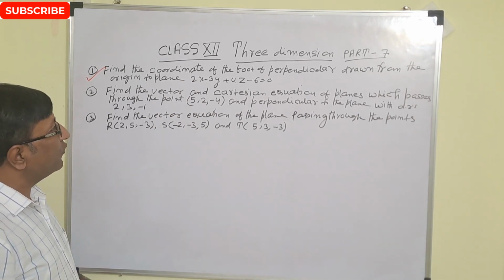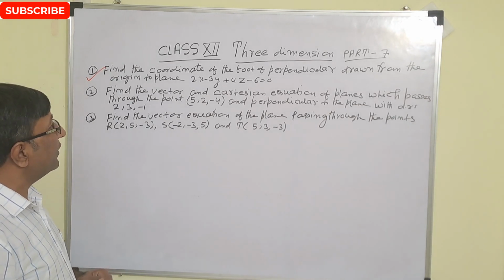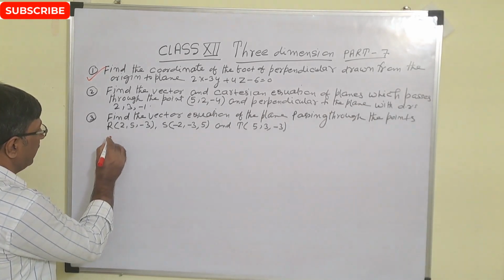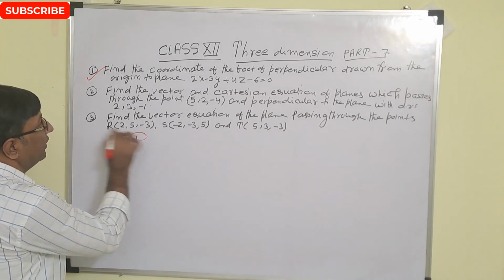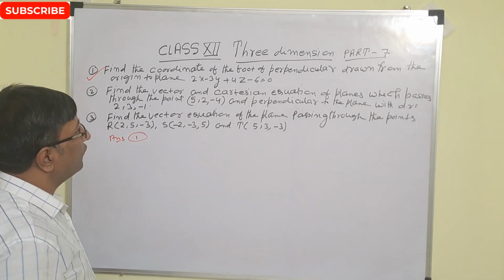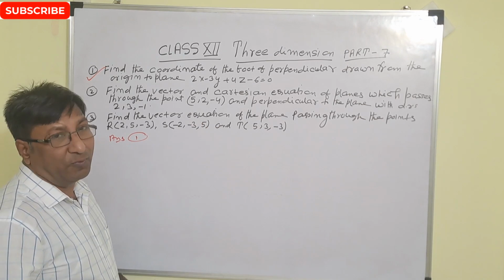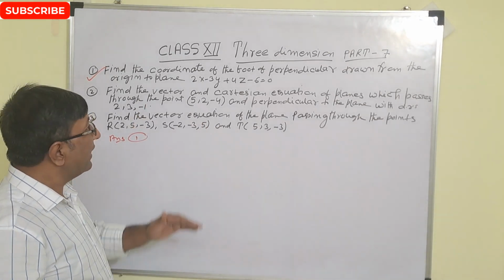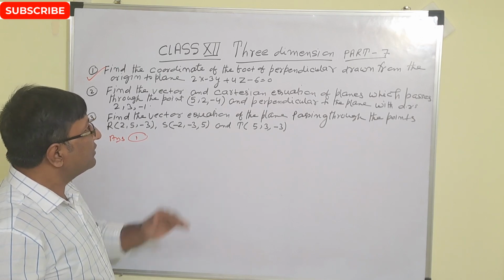For this type of question, what is the important format? Suppose the coordinates of the foot of the perpendicular drawn from the origin to the plane are x1, y1, z1.